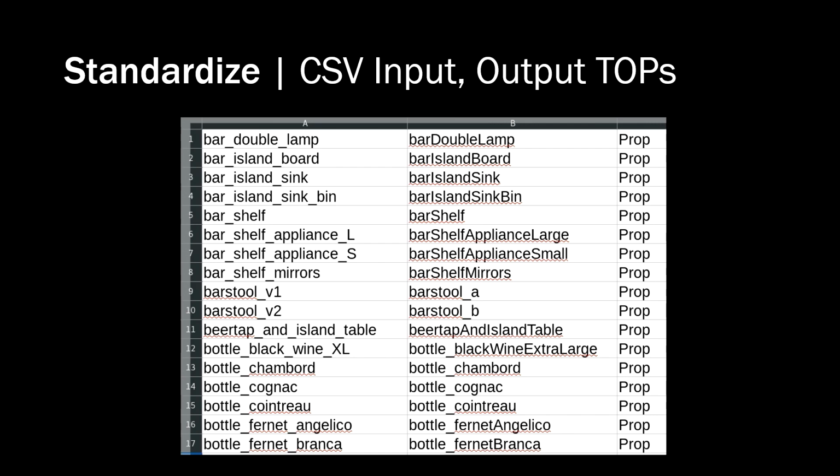Like as I was saying, L and S, I wanted to call them large and small, and the camel casing and everything. And just because there were so many exceptions, and I was starting to branch out my TOP graph a lot, I just decided, let's write down everything to a CSV file. I'll do the changes manually and read back the CSV instead.